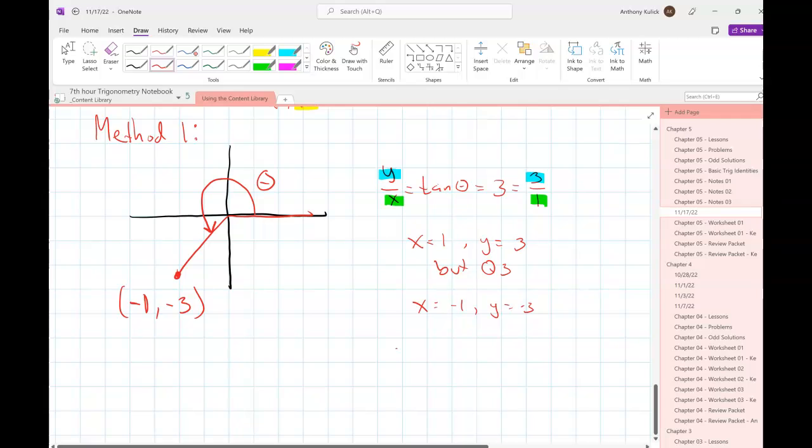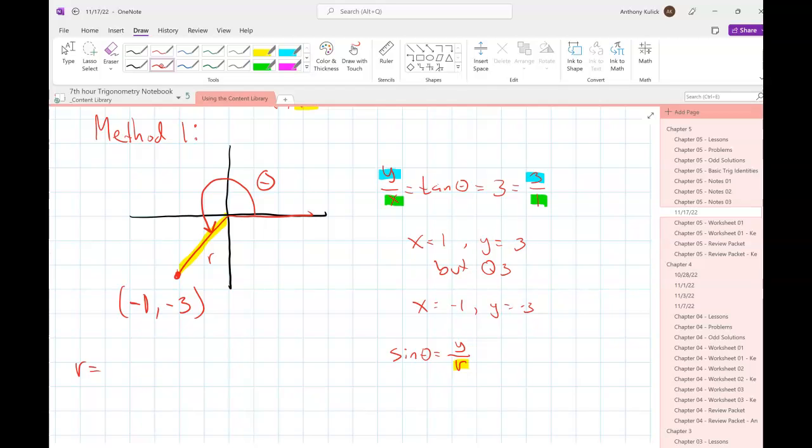So in this definition, sine theta is y over r, where r is this length from that point to the origin. Okay, so I just need to calculate r and then plug it into my formula, right?